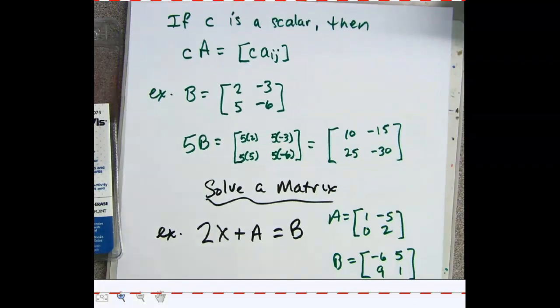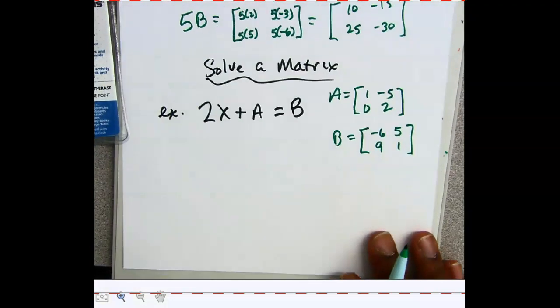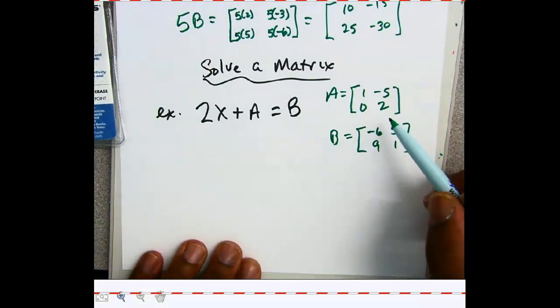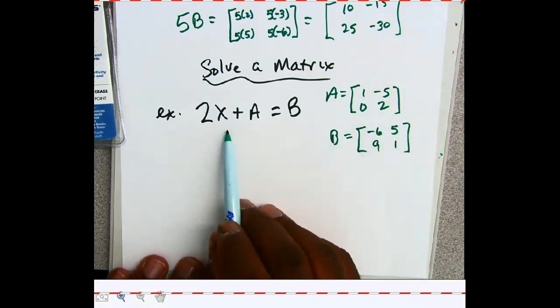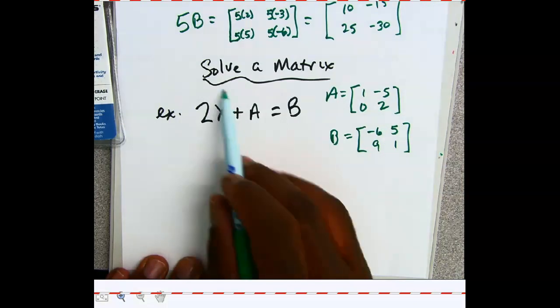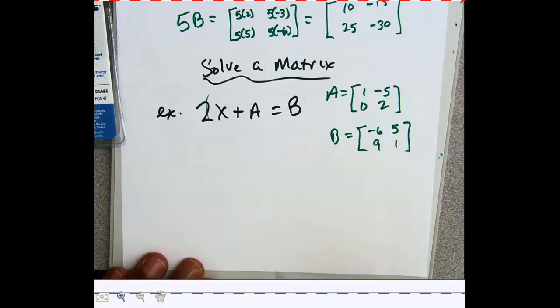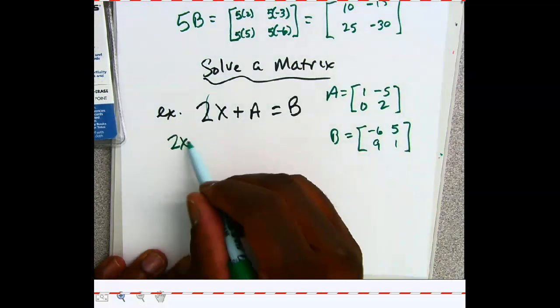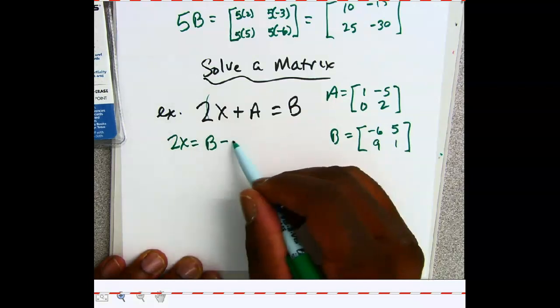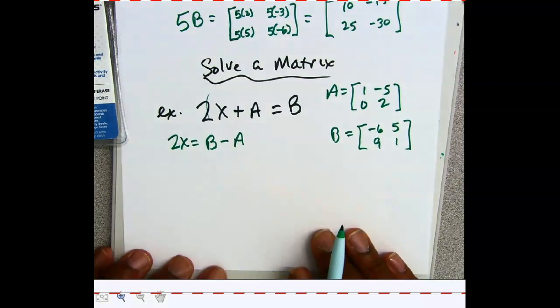Now, before we even start using our matrices, let's go ahead and isolate the X, because we're trying to determine what is matrix X. So 2 times some matrix plus matrix A will give us matrix B. So the first thing we're going to do is subtract matrix A. So we get 2X is equal to matrix B minus matrix A. Then we're going to divide by 2.